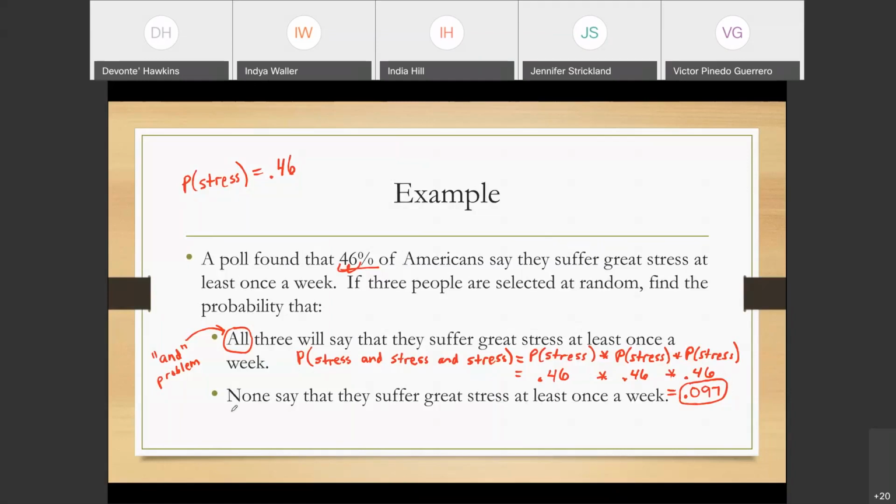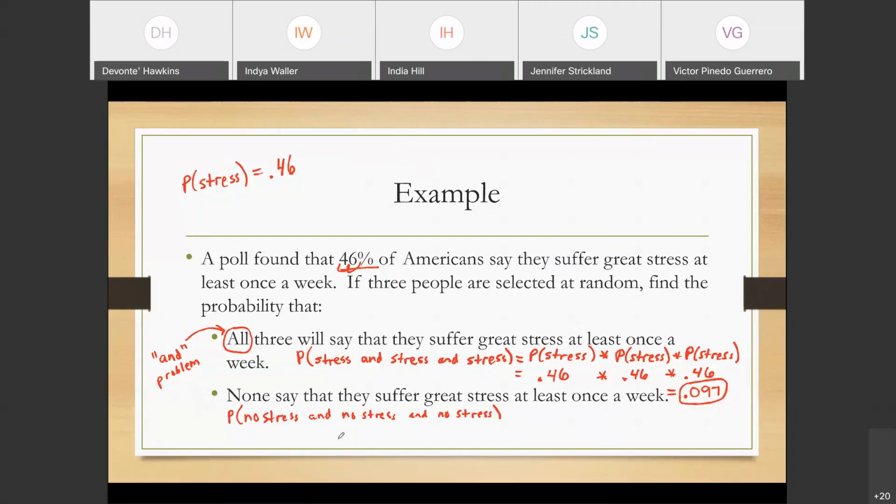This means that the first person says no stress for me, and the second person says no stress, and the third person says no stress.